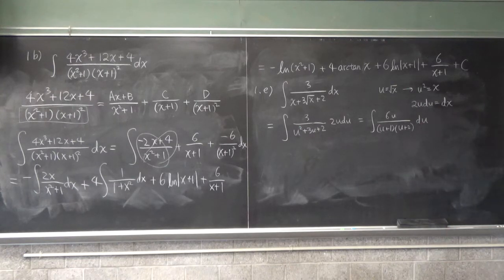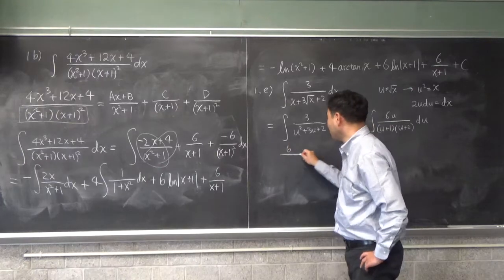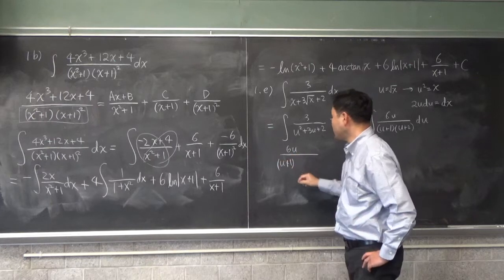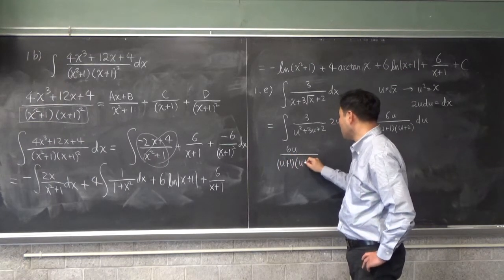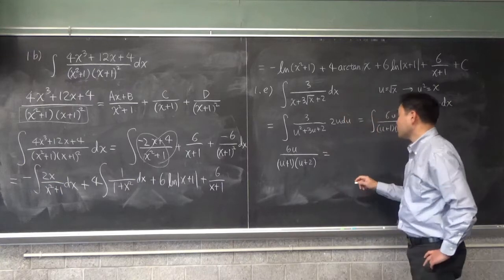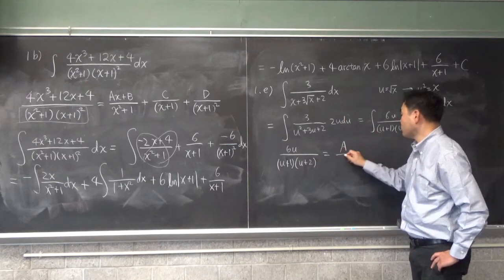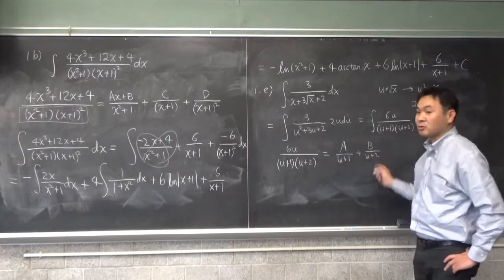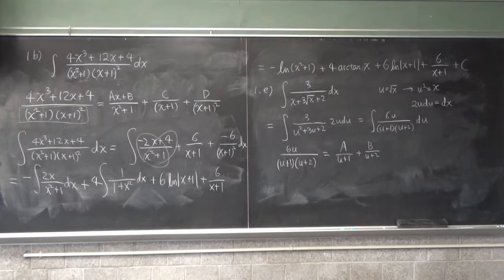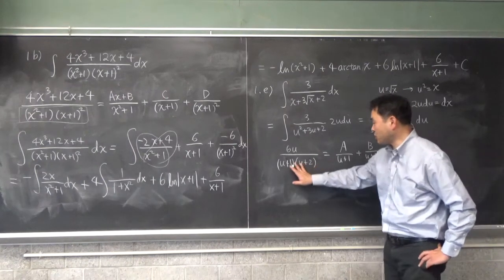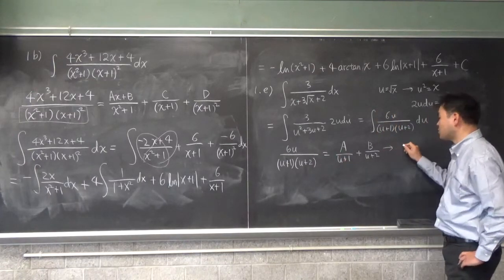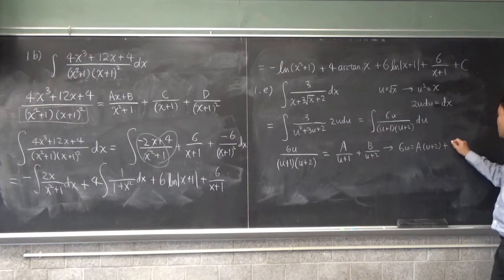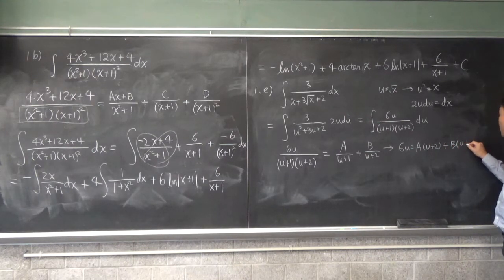So that's what you need, and then that suggests I need to do partial fraction expansion of 6u over (u plus 1)(u plus 2), which is a over u plus 1 plus b over u plus 2 for some unknown constants a and b. Again, we use the same trick, multiply this to the other side so that this becomes 6u equals a times (u plus 2) plus b times (u plus 1).